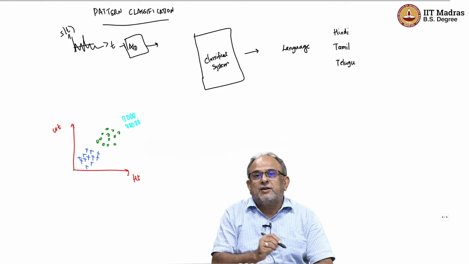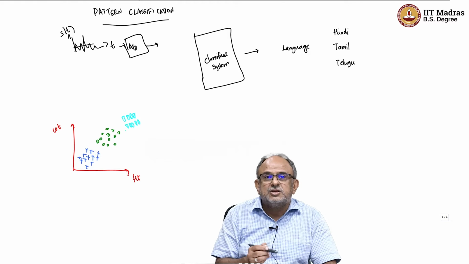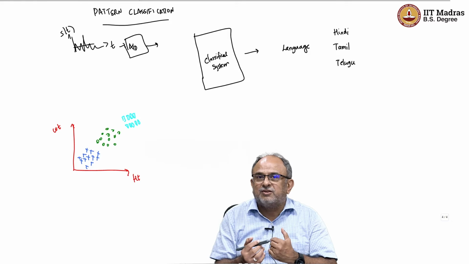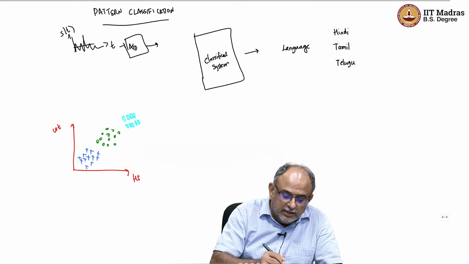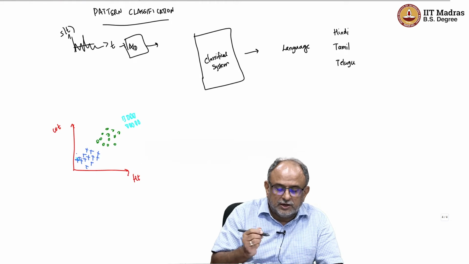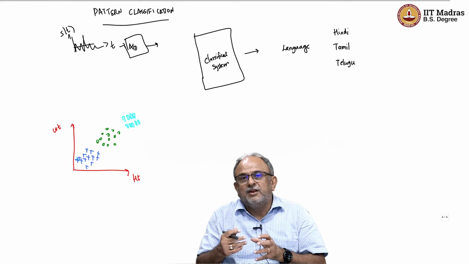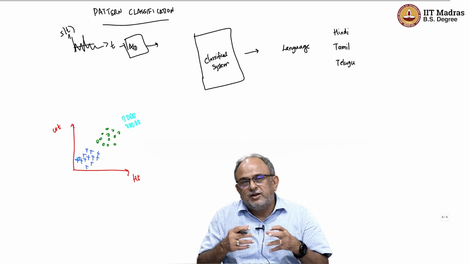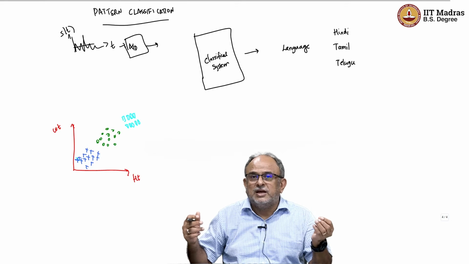Why am I drawing it in some sort of a diagonal fashion? The reason is children are generally shorter and also less heavy, therefore they will be in this portion of the plot, in this portion of the class. Women are generally taller, at least more than children, but usually shorter than men, and height and weight are correlated. A tall person generally tends to be heavier, right.